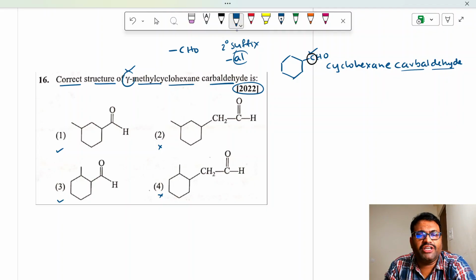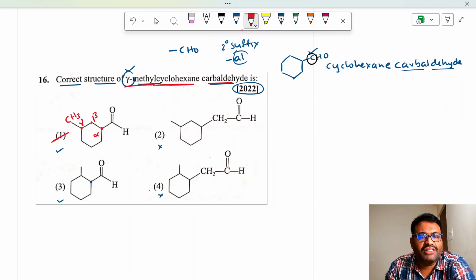Where the aldehyde group is attached, that carbon is alpha carbon. Now this will be beta, this will be gamma, and at gamma you have a methyl group. So gamma methyl cyclohexane carbaldehyde, this will be the answer.